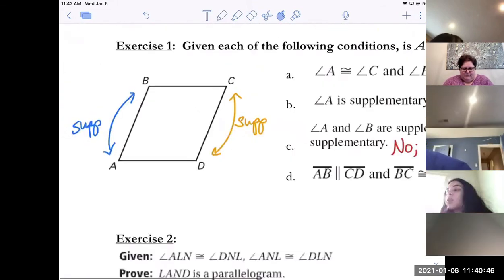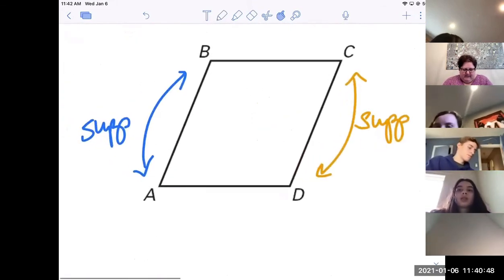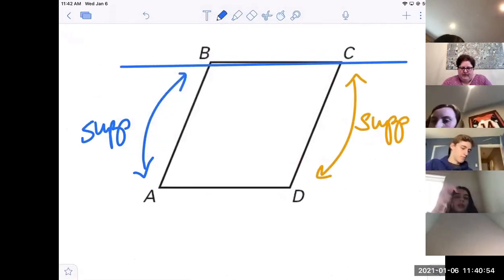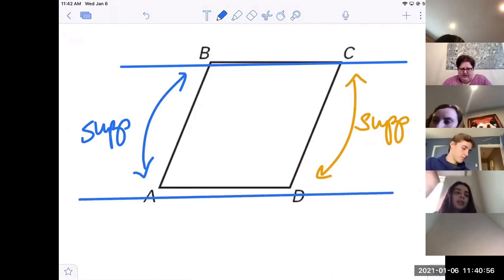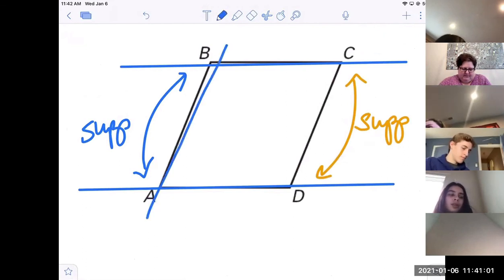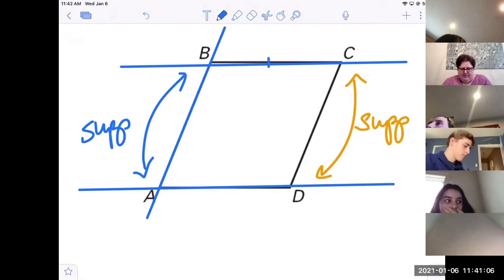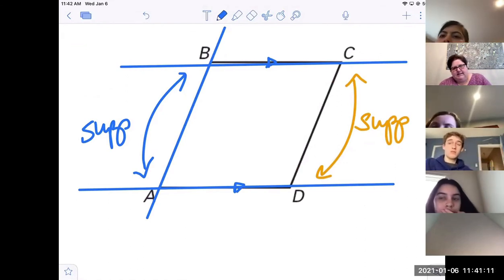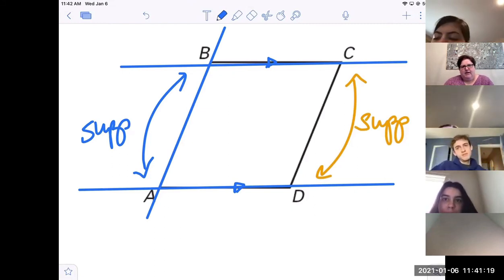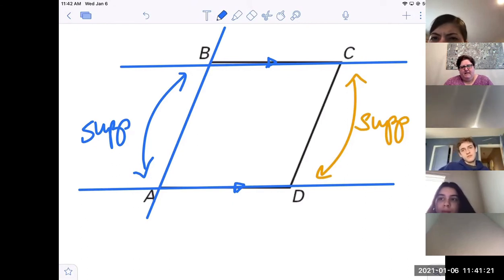But the problem with this one is it could be a trapezoid, because these lines with this transversal, since these consecutive interior angles are supplementary, that would make those lines parallel. What lines are parallel because C and D are supplementary? BC and AD.